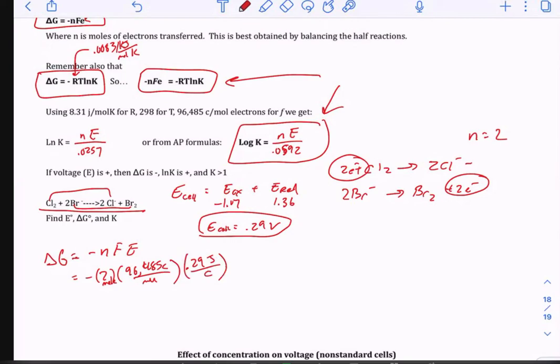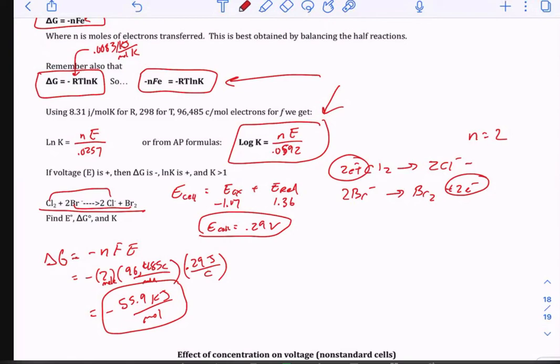So free energy is negative 55.9 kilojoules per mole, which we can tell is going to be spontaneous.